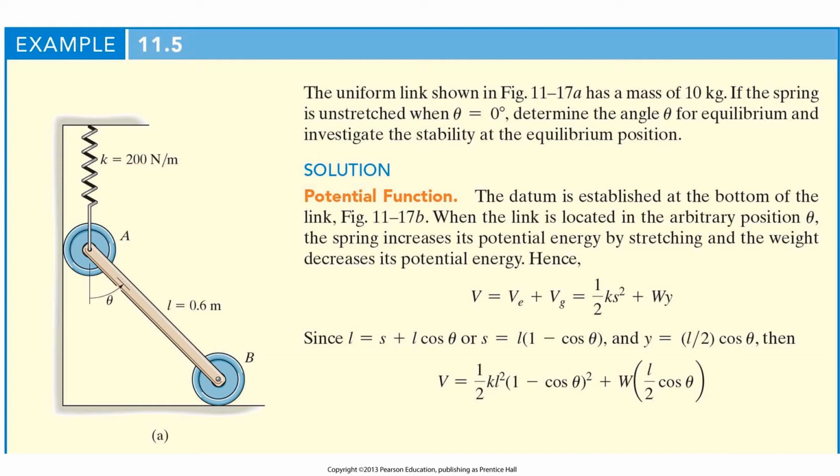The length at theta equals 0, well, the stretching of the spring is going to be 0. So the stretching of the spring, however much, let's get a pen out. So the stretching of the spring is going to be this much.